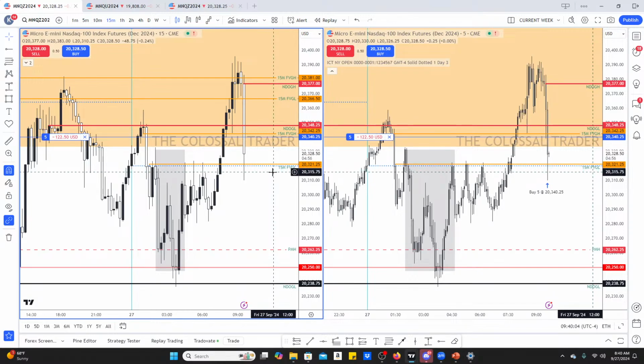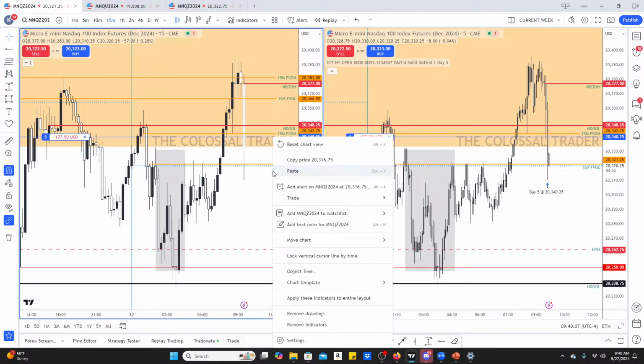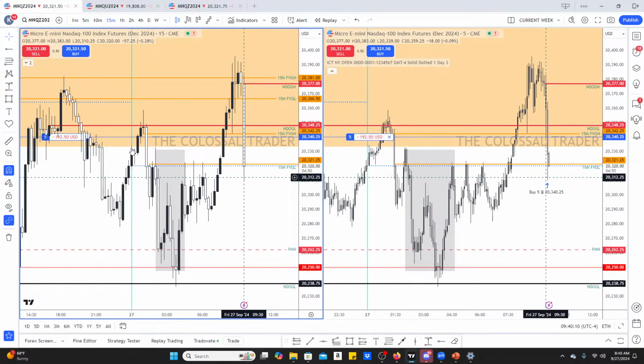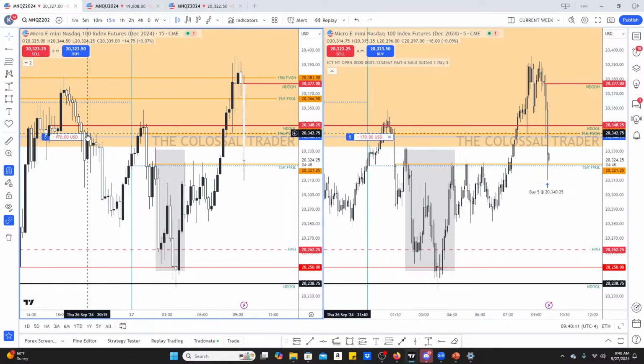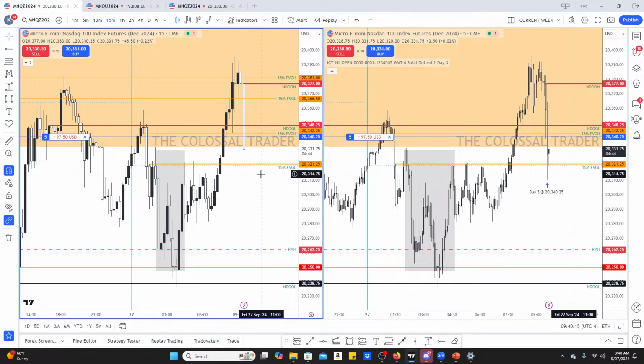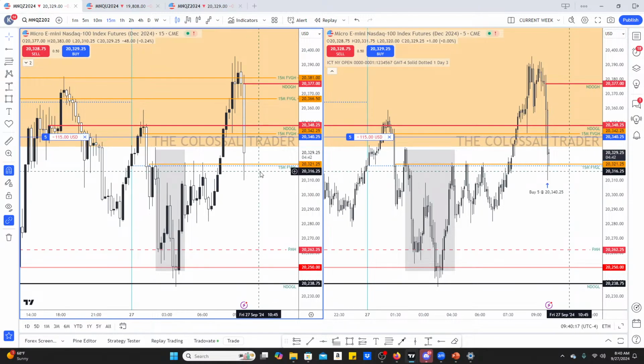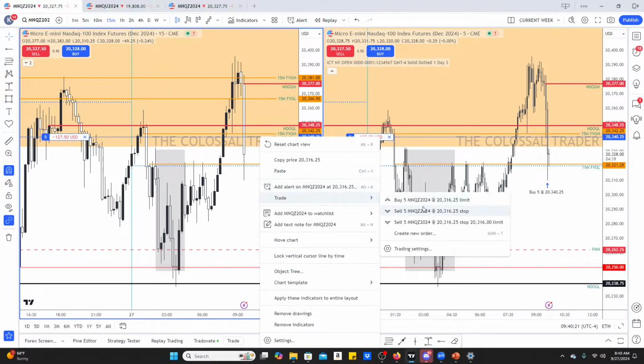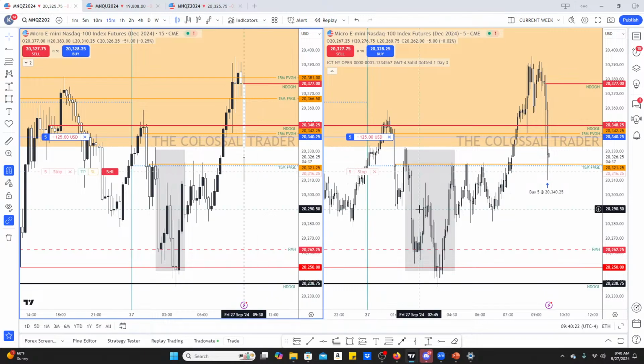First attempt at getting some buys today. It looks like it's coming from my lows. I'm just going to get out physically. Trying to put my stop loss in. Okay, cool. Trade, sell, stop right here.